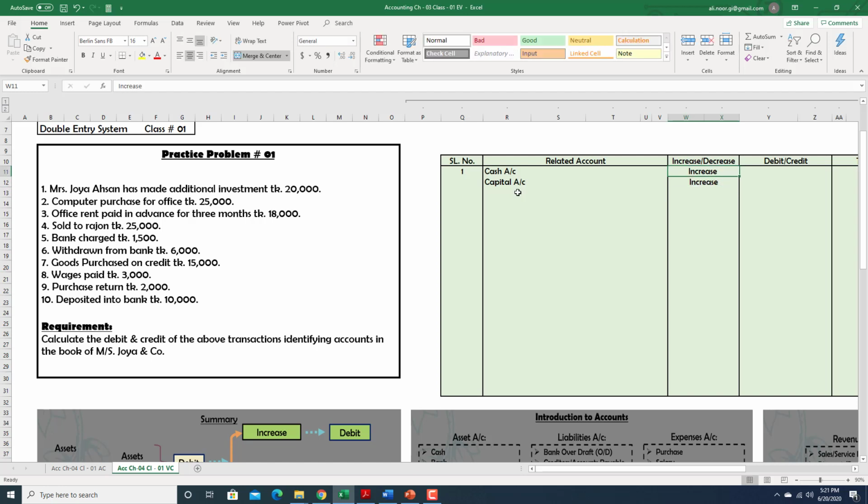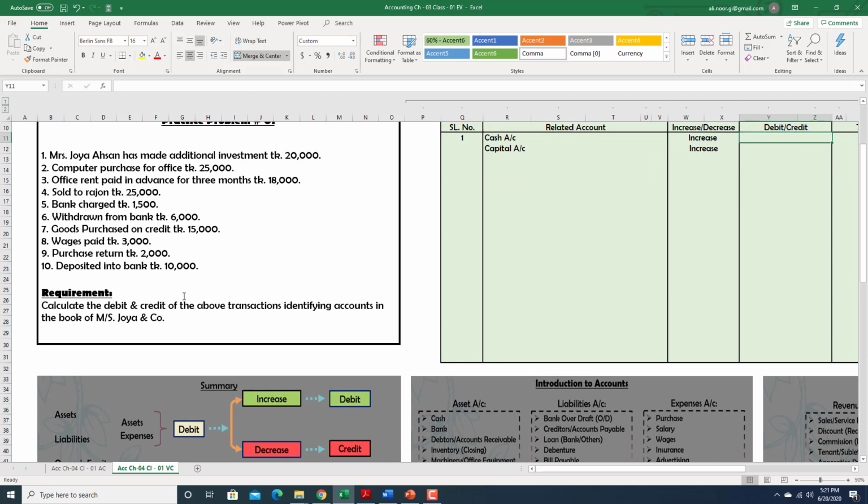Okay, now we know and we can check it also. Cash is an asset account, and asset account is usually a debit account, and when it increases we will debit it, so we can write here debit. Sorry, only debit, not debit and credit.